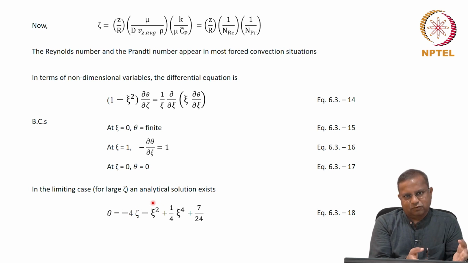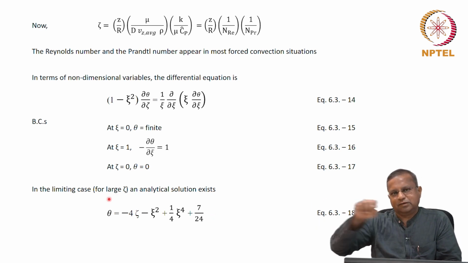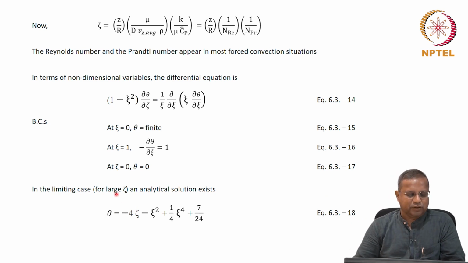And the solution for this mathematically involved situation exists, at least for a limiting case, we know the solution. Okay? In other words, for large psi, meaning a large distance from the entrance, we can get it as a function of psi, get it as a function of z.